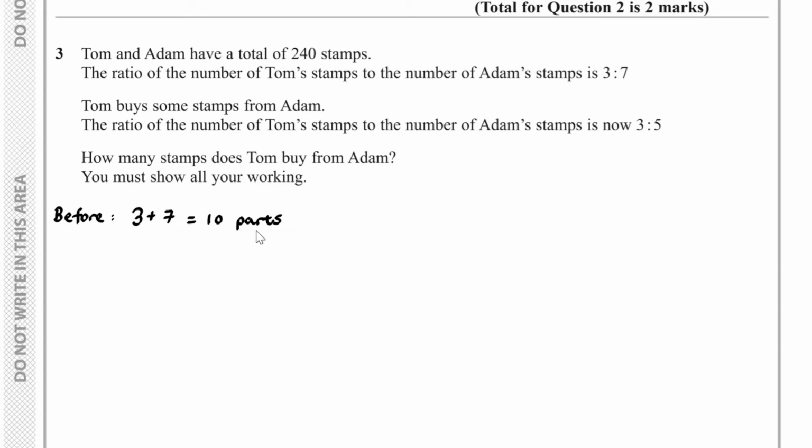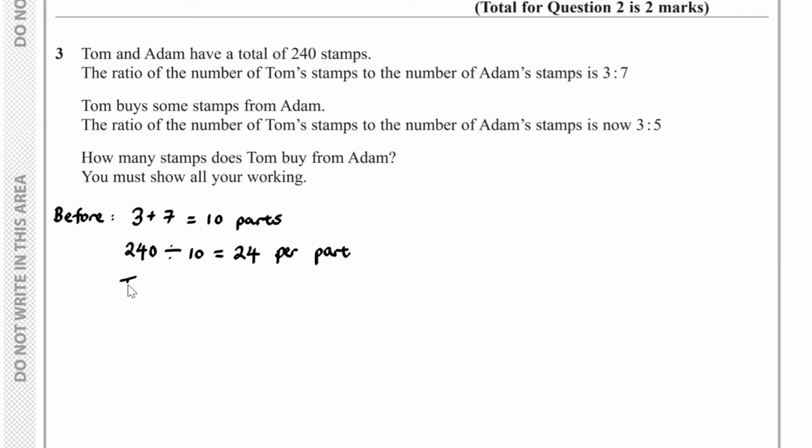And we can find out how many stamps Tom and Adam had before with this. So we have 240 stamps in total. So 240 divided by 10, that's equal to 24. So here we have 24 stamps per part. Okay?